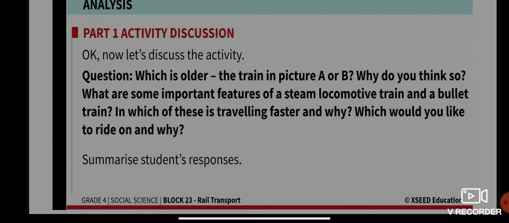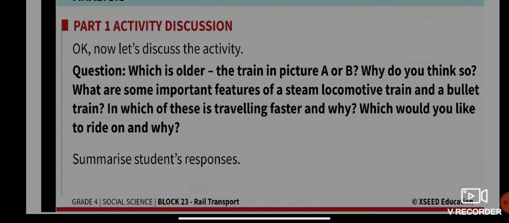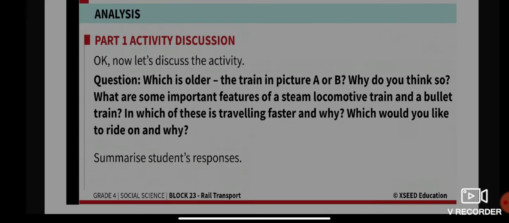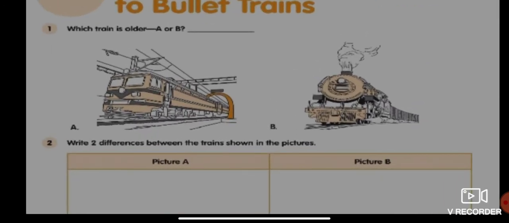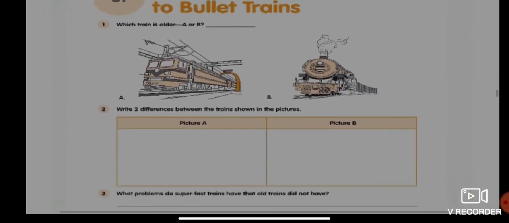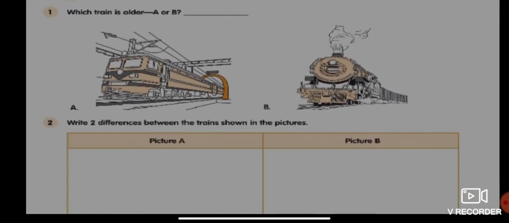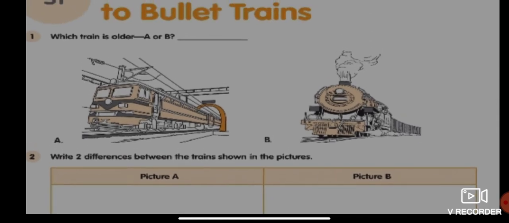Which would you like to ride on and why? That means which train do you want to go for a ride on, and why? Is picture A older than picture B, or picture B older than picture A? And which train is faster, A or B?